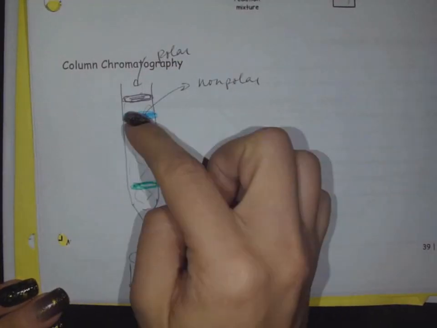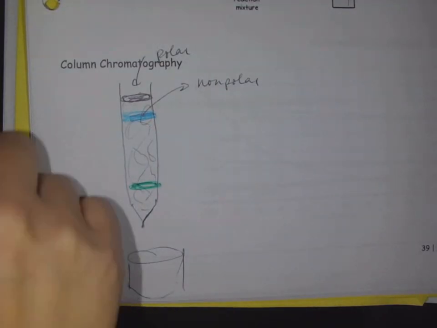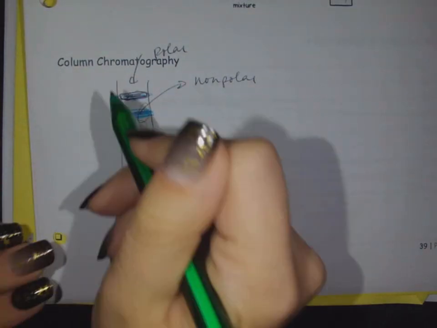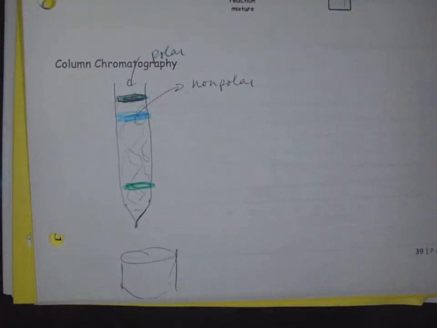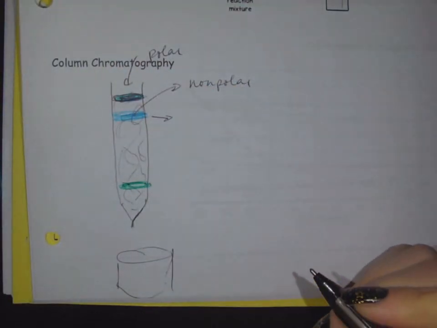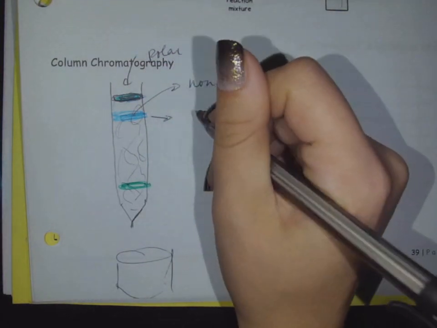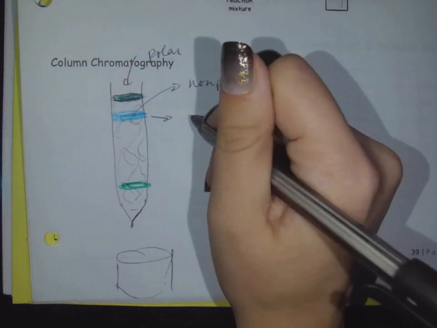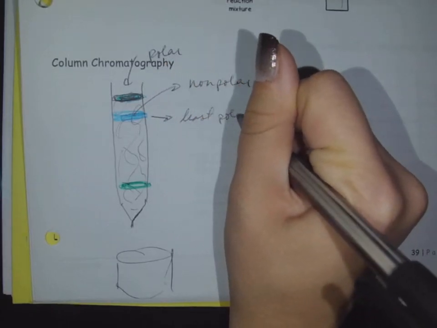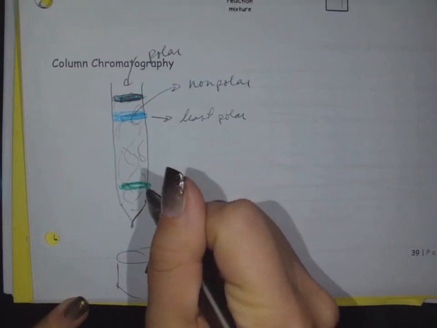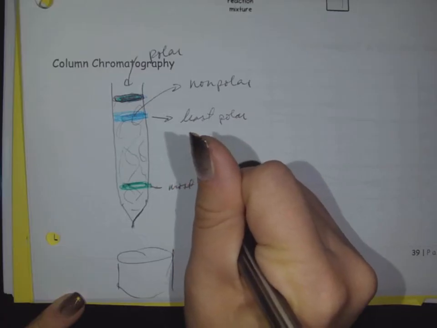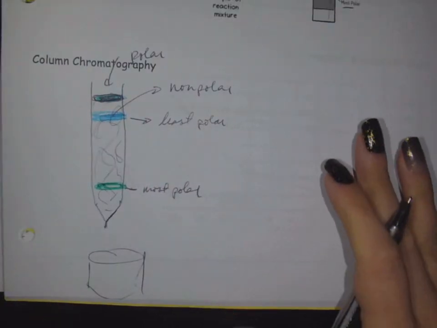As it traveled through, it pulled it here and it pulled it there, okay? This original sample was the combination of both of these things, right? Okay, so it must mean that this part of the solution is less polar, or it's closer to being nonpolar. And then the one that traveled the most, that's going to be the most polar. Okay, good.